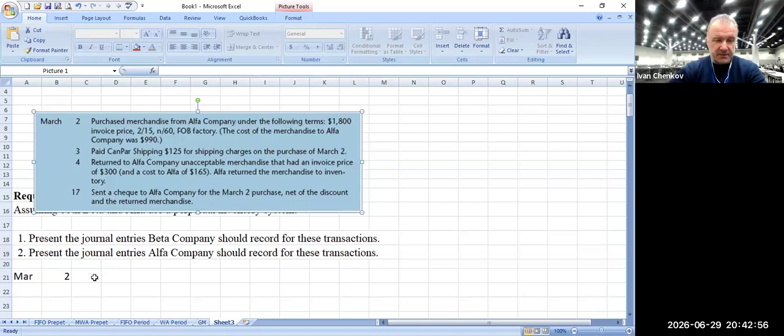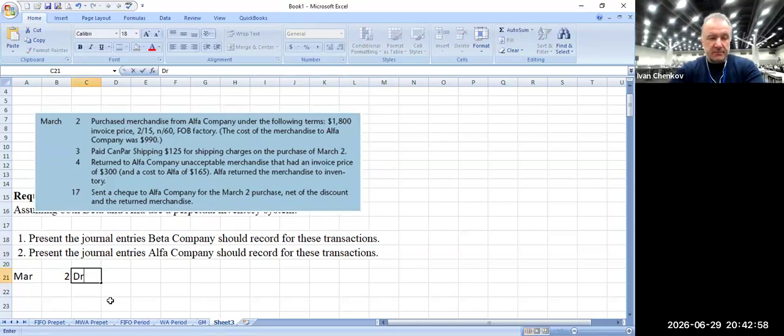So we purchase the merchandise: debit inventory, with the amount that we purchase.